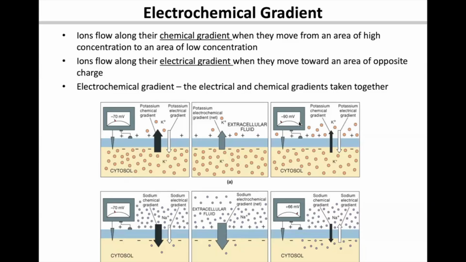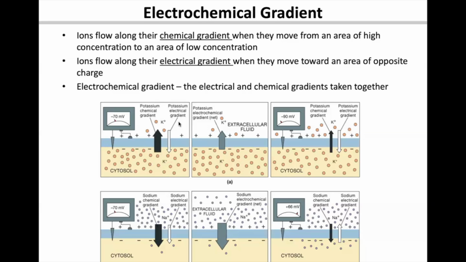So let's take the first one, which is potassium. If you consider the chemical gradient, since the concentration of potassium inside is higher than outside, it will always try to move from inside to outside.